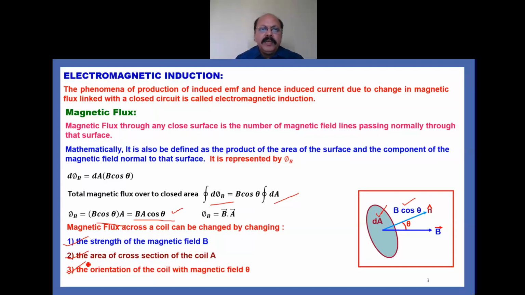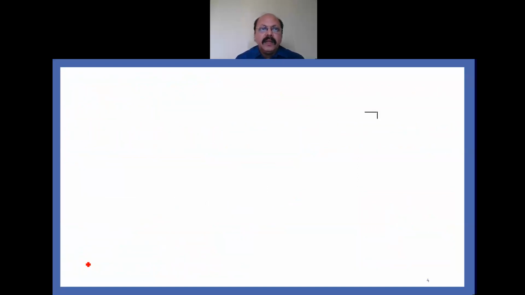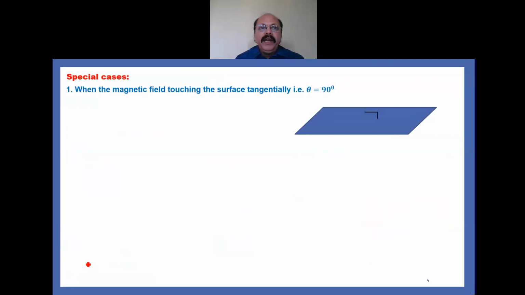Now we take some special cases. The first special case, when the magnetic field touches the surface tangentially. You can see in the diagram. Then the normal drawn onto the surface makes an angle of 90 degrees with the magnetic field. So theta equal to 90 degrees.